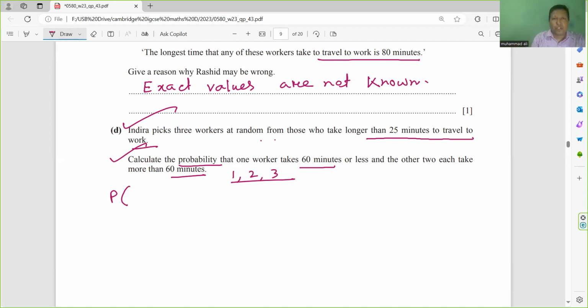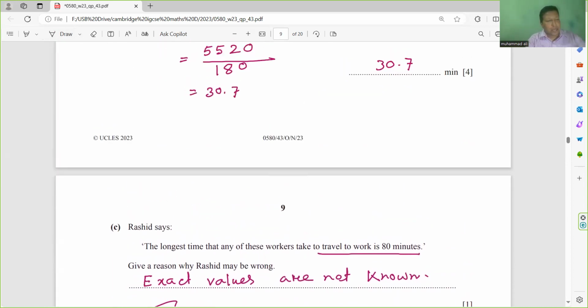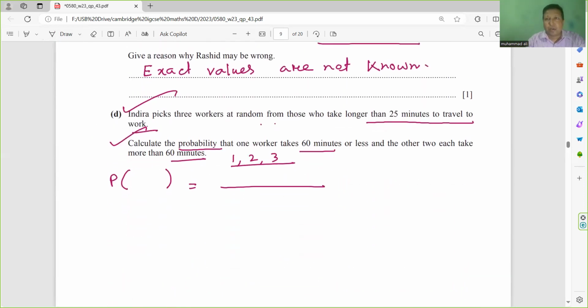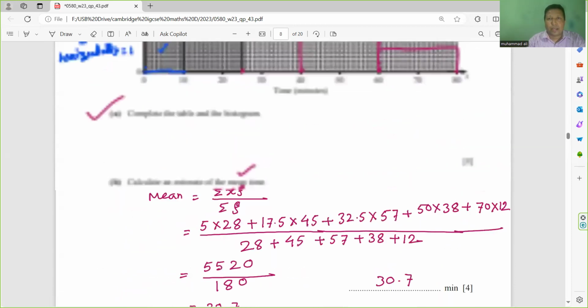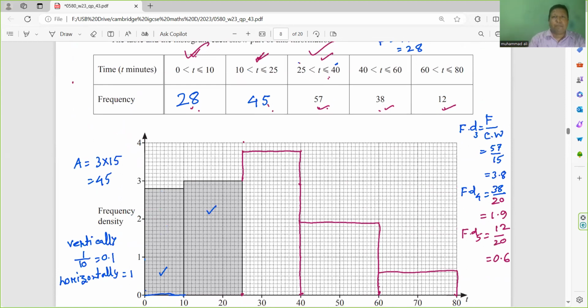So the first one, that means the total number of workers who travel to work more than 25 minutes. The total number of workers who take more than 25 minutes to travel to work is 57 plus 38 plus 12.